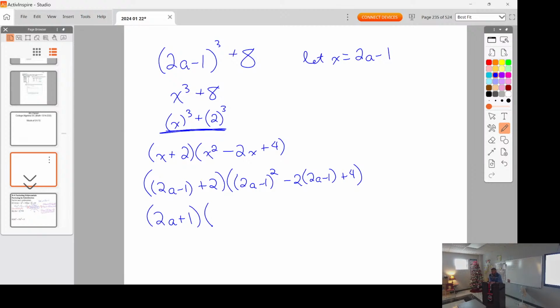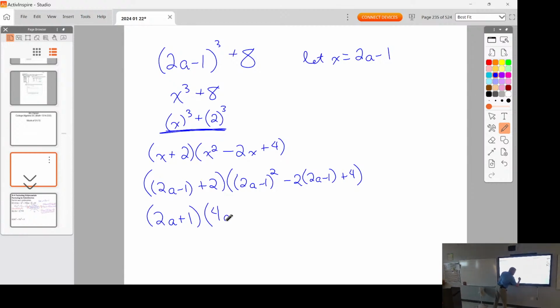It's a perfect square, so let's square the first guy. 4a squared. Take these two guys here, multiply them together. 2a times negative 1. Double it. Negative 4a. And negative 1 squared, plus 1.